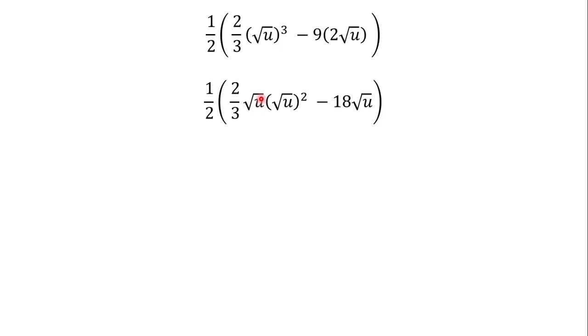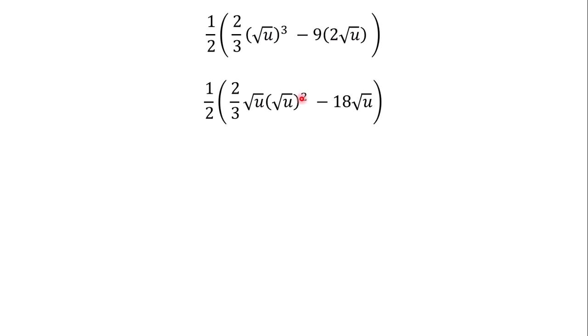Since the bases are the same, square root of u, the power of this one is 1 and the power of this one is 2, so when you add them you get the same thing as this. When you change it to the previous form, that is also going to give us u raised to the power 3 over 2. So this one is the same thing as this.